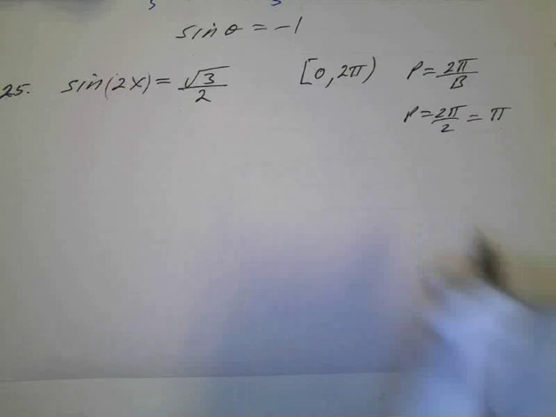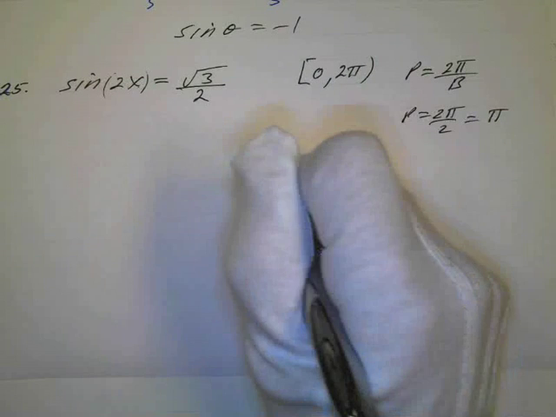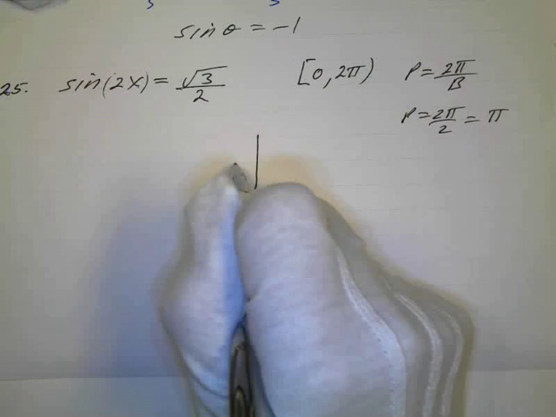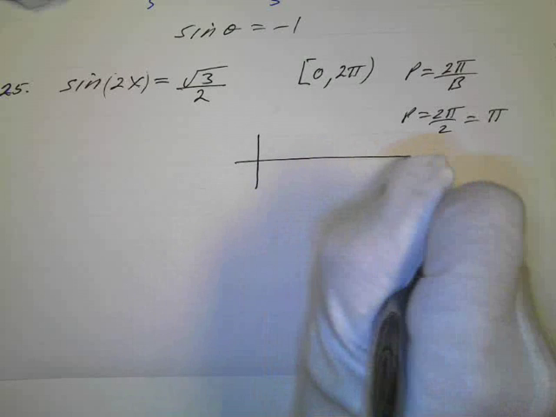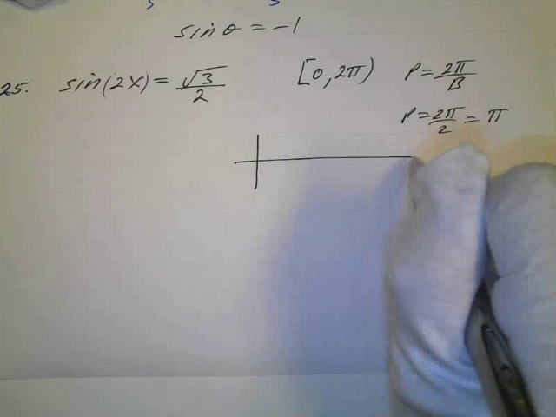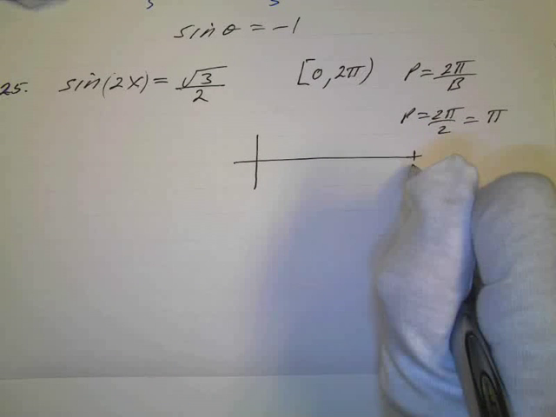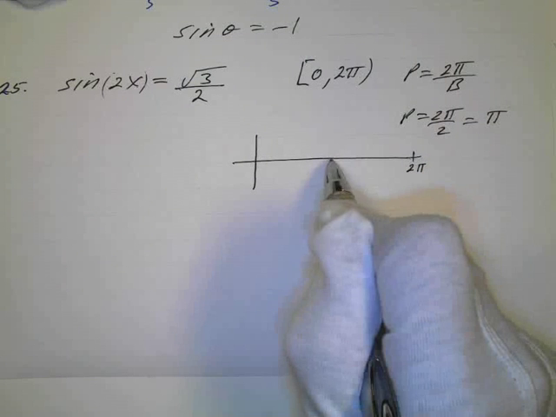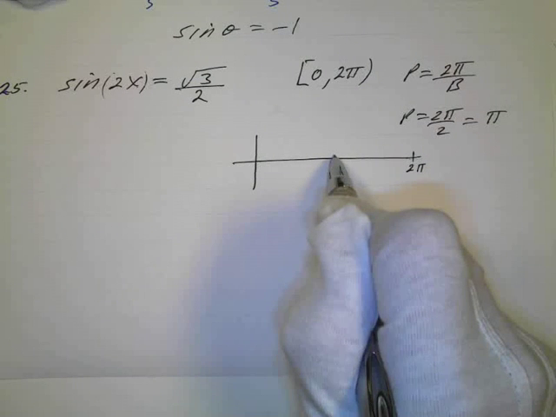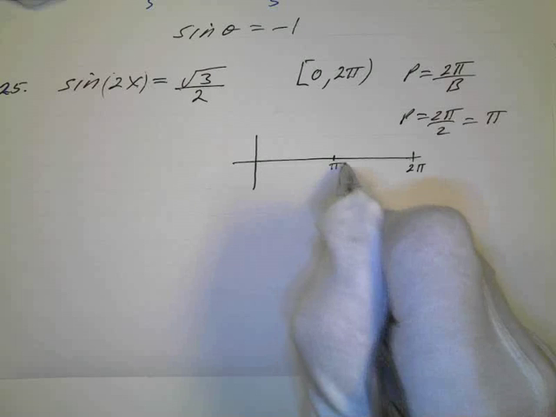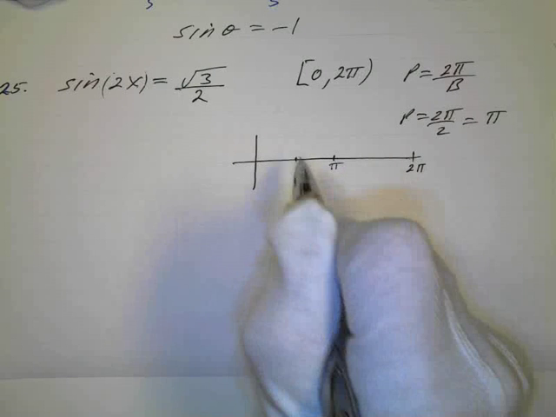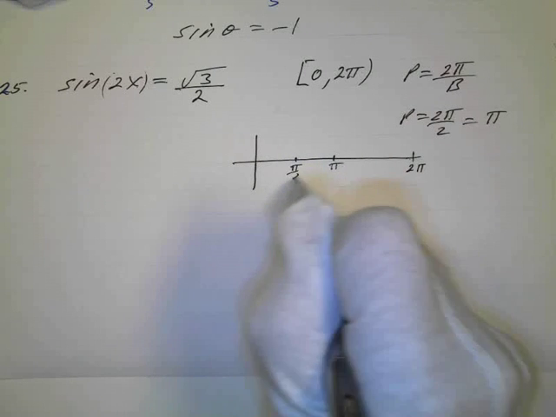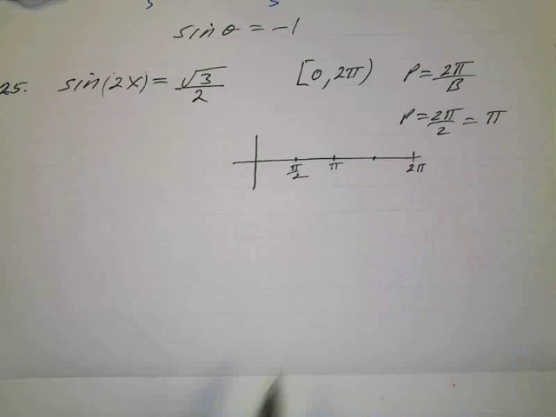Okay, well, let's just sketch this so we can get an idea. So if this is my normal 2 pi, that's my normal period, then right in the middle would be pi. And this would be pi over 2. This would be 3 pi over 2.